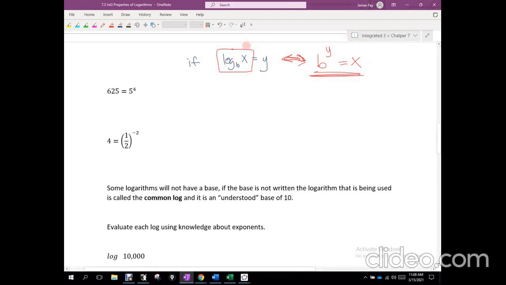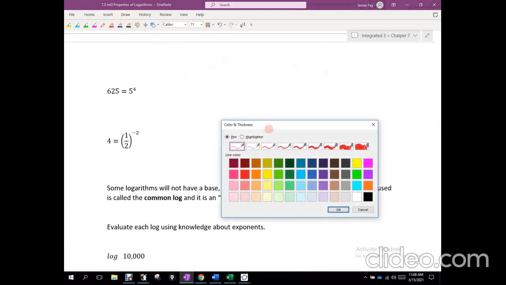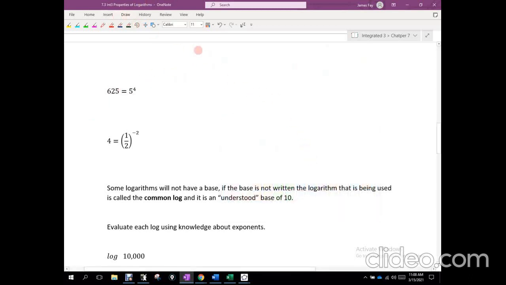Does that make sense? So I want to take this thing right here, and I want to rewrite it as a logarithm. What I like to do, because I think it's easier to convert and put things in the right position, is on my homework I would write this rule first. I'm going to write log base b of x equals y.